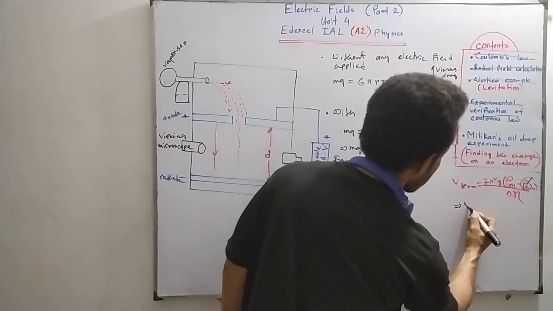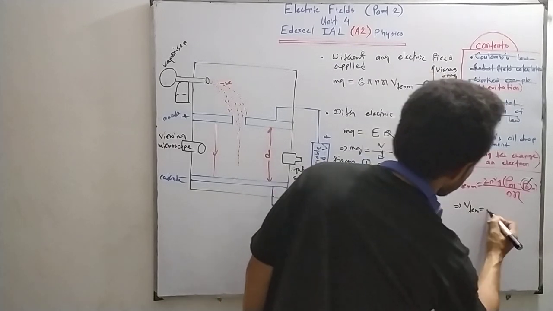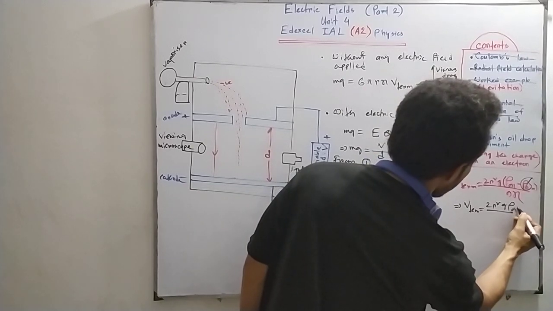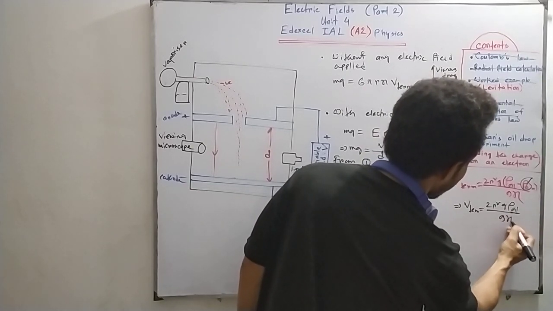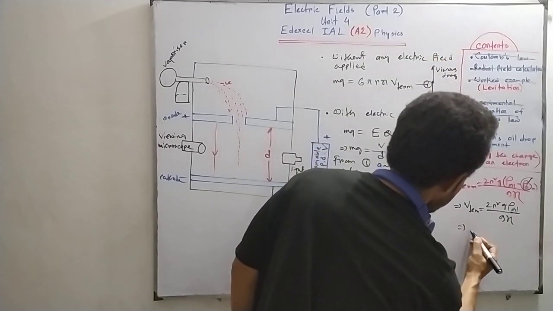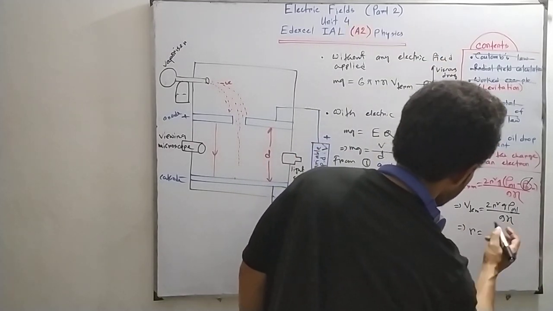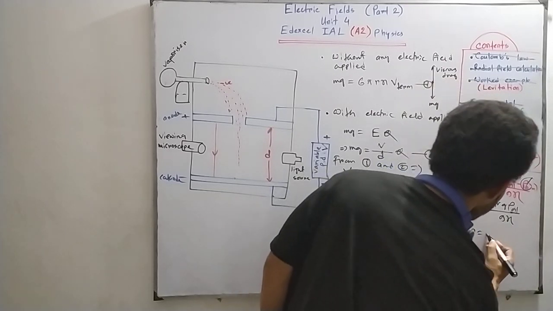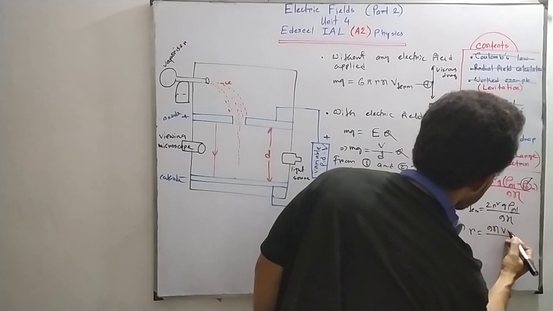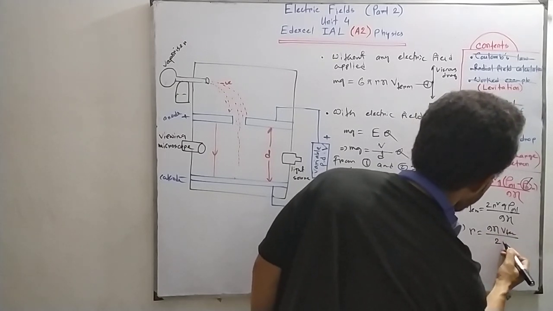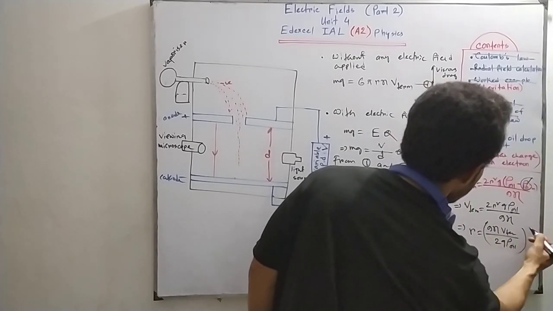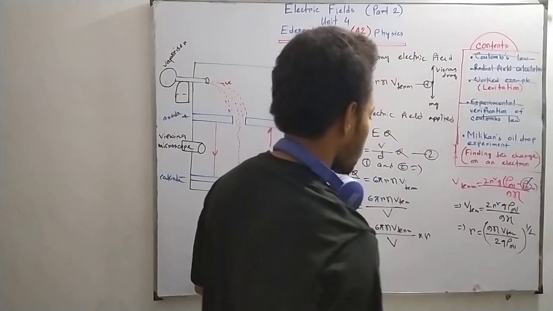So we have the formula V term is equal to 2r squared g rho oil, density of oil, divided by 9 eta, viscosity of air, and making r the subject from this equation, we have r equal to 9 eta V term divided by twice g rho oil, to the power half, since it is r squared there.